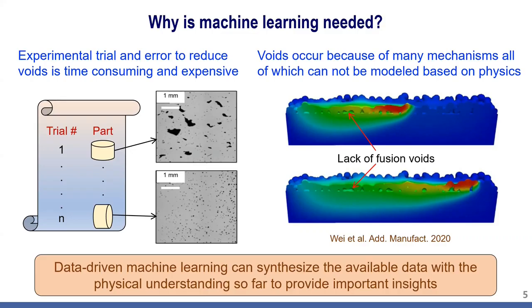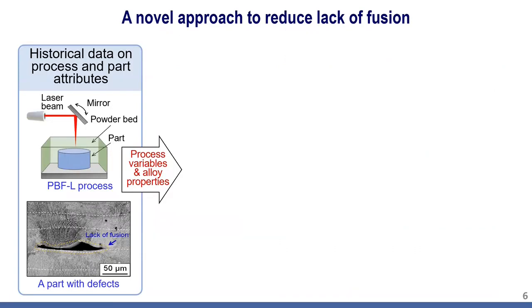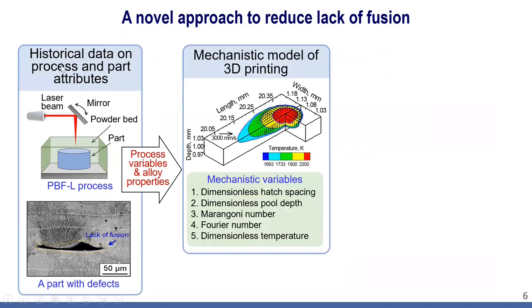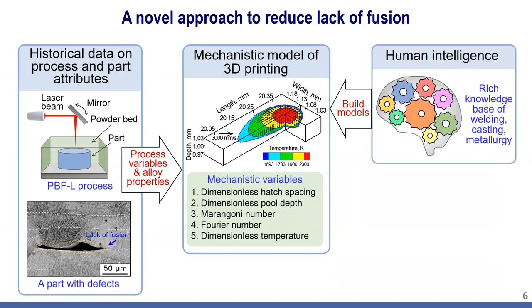So one other possibility is to use data-driven machine learning that can synthesize the experimental data with physical understanding to provide significant insight. So this is what we are talking about. We have some experimental data and we combine that with models that solve numerically the Navier-Stokes equation and energy equation with appropriate boundary conditions and initial conditions.